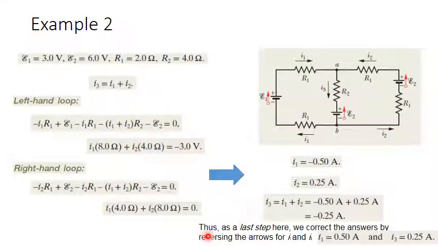So, as a last step, we correct the answer by reversing the arrows of I1 and I3, making the arrow in this direction and this arrow in this direction and I3 in this direction. And in this case, I1 would be 0.5 ampere, I3 is 0.25 ampere, and I2 is 0.25. Okay?